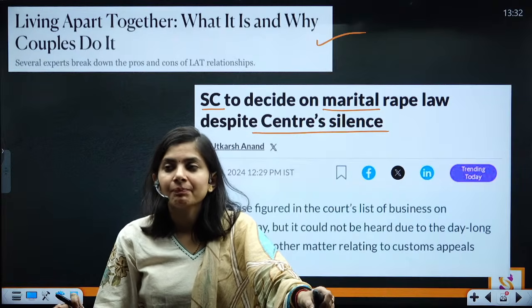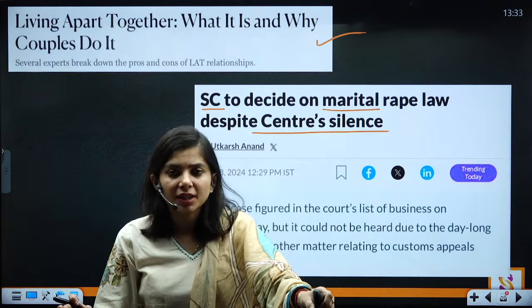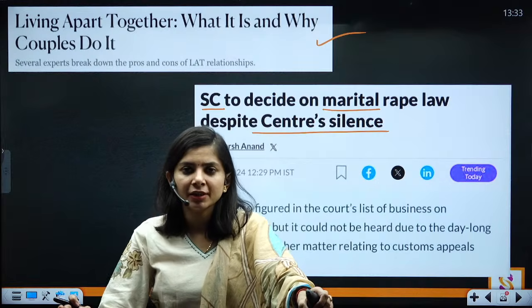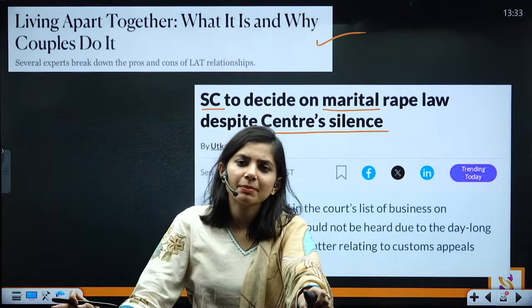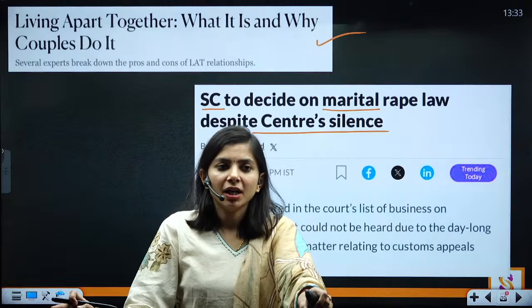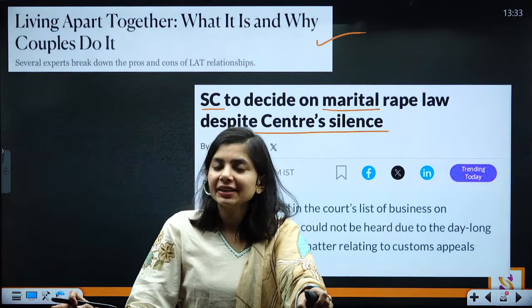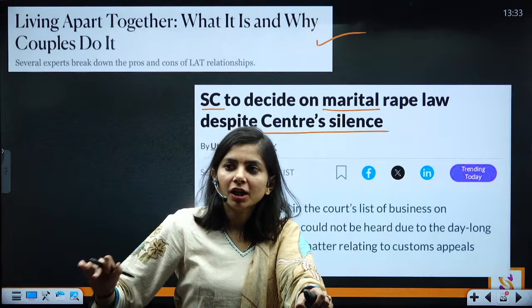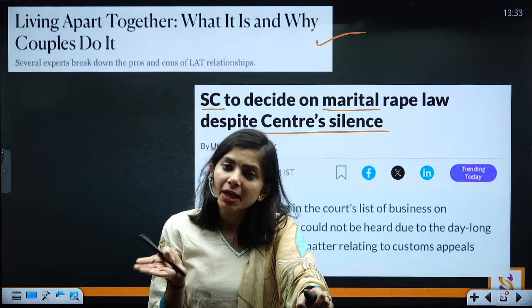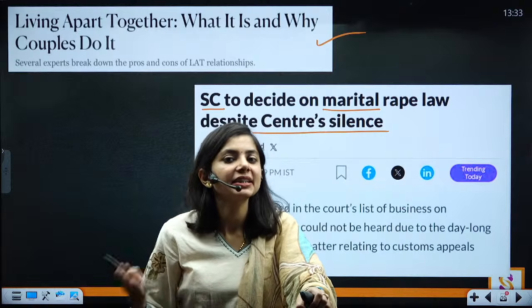In the same way, Shah Rukh Khan also mentioned in one of his interviews that he's not living in the same room with his wife, and that's not because they have some differences, but because they respect each other's privacy.